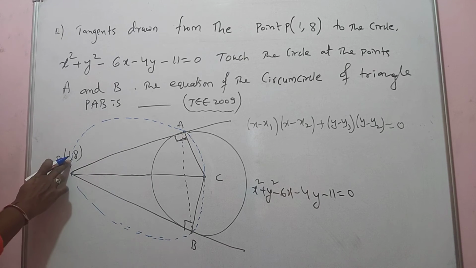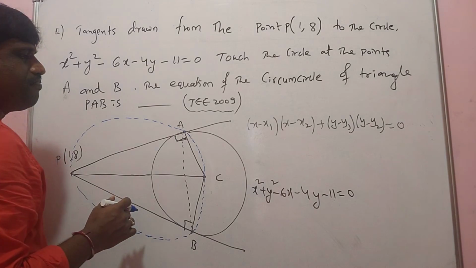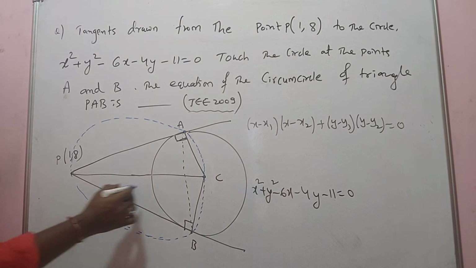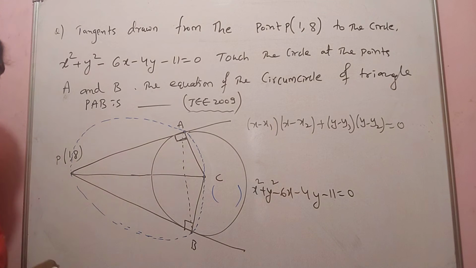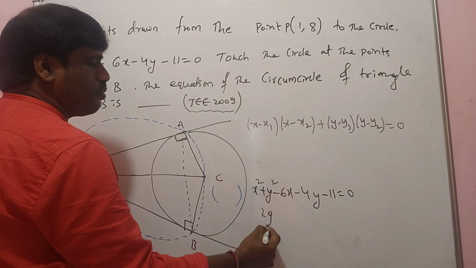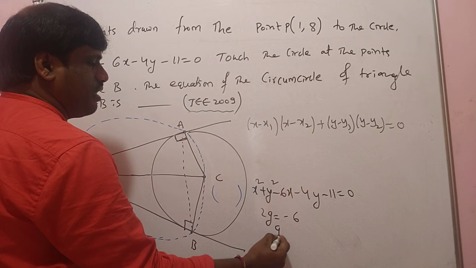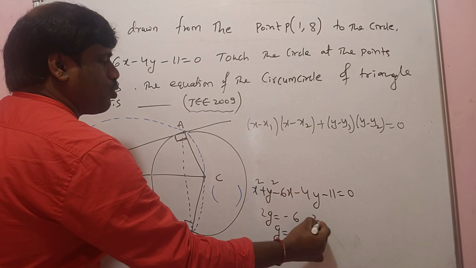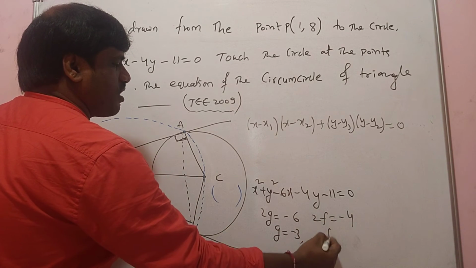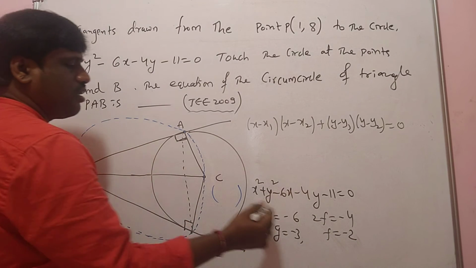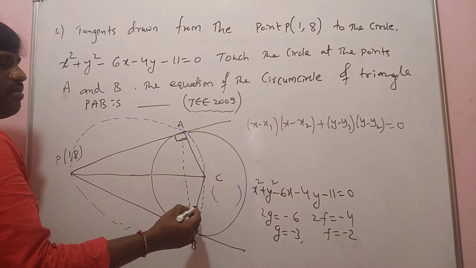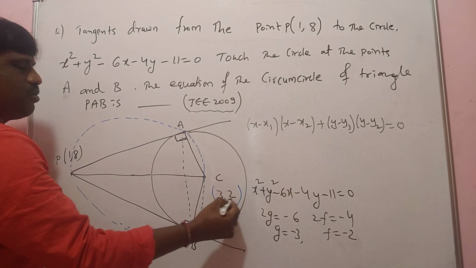Here P is (1, 8), so I have to find the center of the circle. 2g = −6, so g is −3. 2f = −4, so f is −2. The center of the circle will be (−g, −f), that is (3, 2).